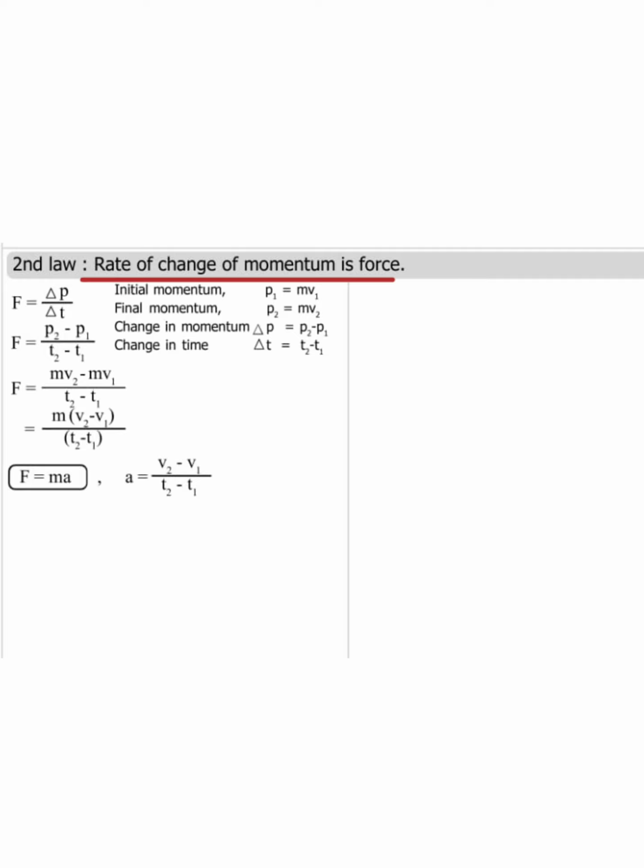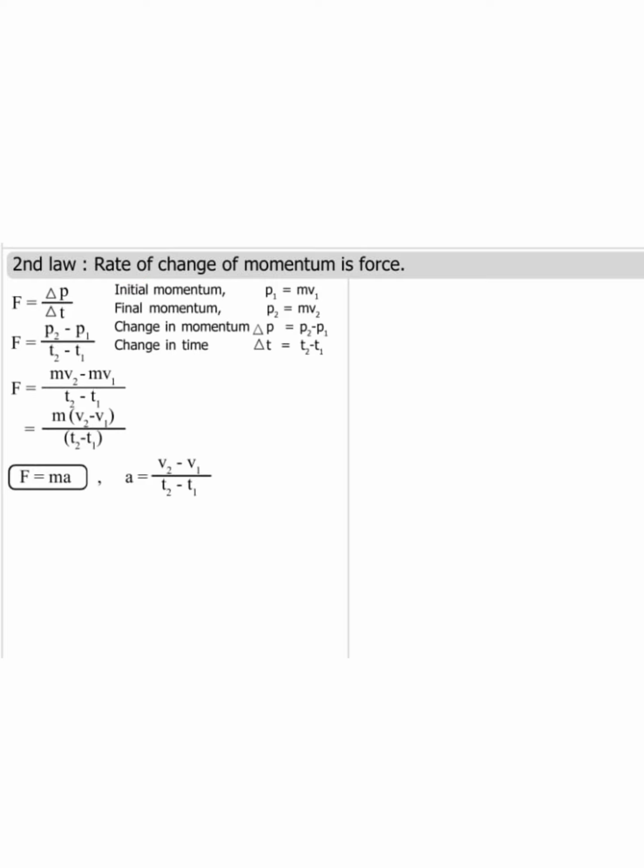Rate of change of momentum is called force. Momentum is nothing but mass into velocity. Newton's second law: rate of change of momentum is called force. Rate means by time.